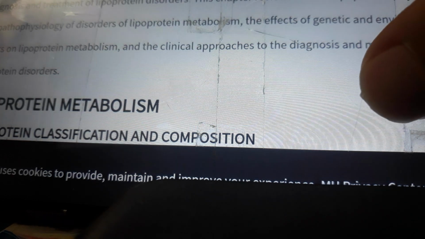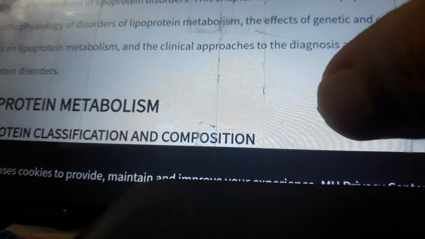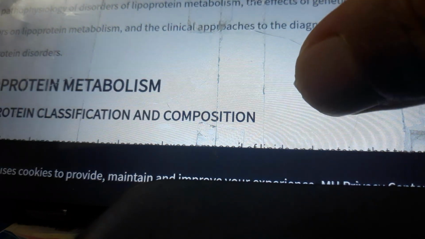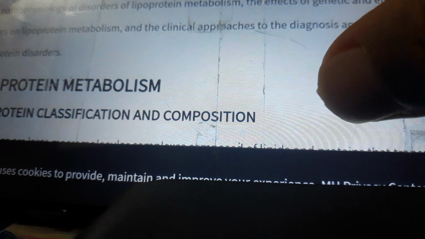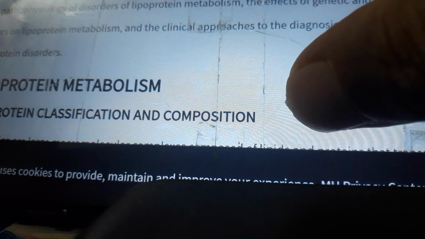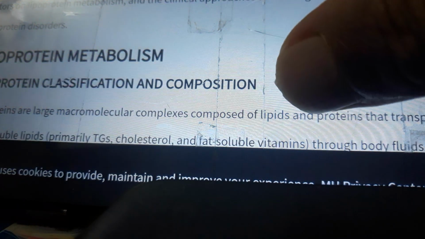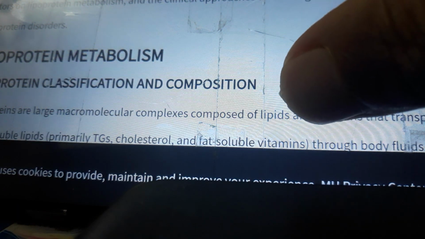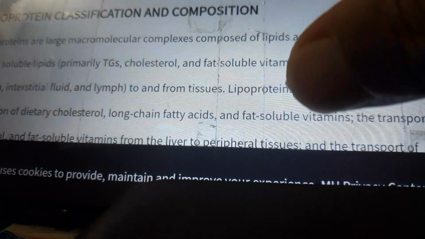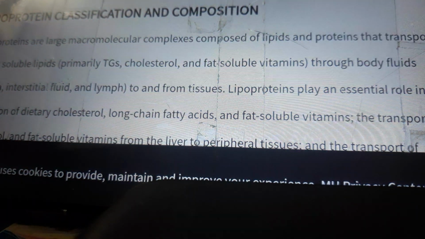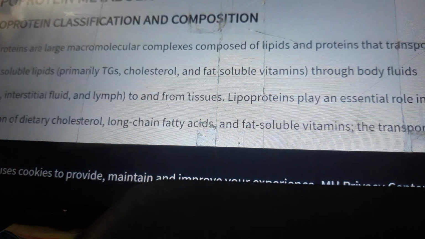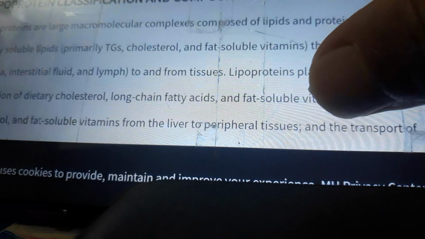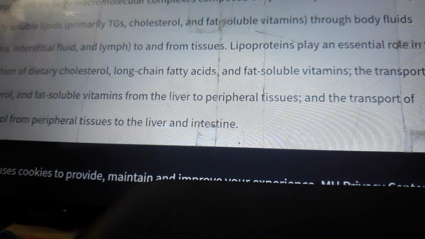Now here we review normal lipoprotein physiology, the pathophysiology of disorders of lipoprotein metabolism, the effects of genetic and environmental factors on lipoprotein metabolism, and the clinical approaches to the diagnosis and management of lipoprotein disorders. Right? And a little bit on lipoprotein metabolism, lipoprotein classification and composition, a little continuation of yesterday's lecture.